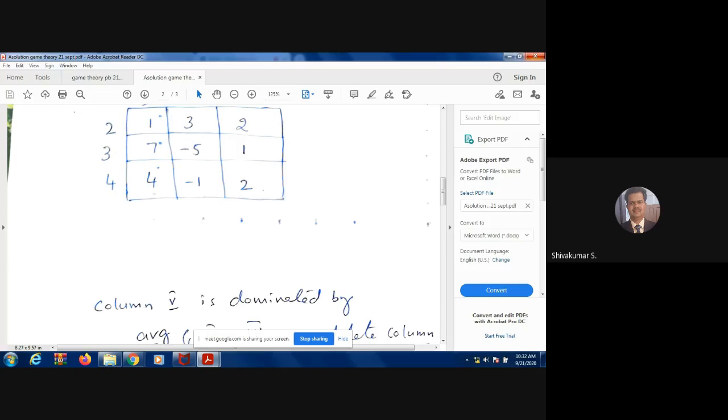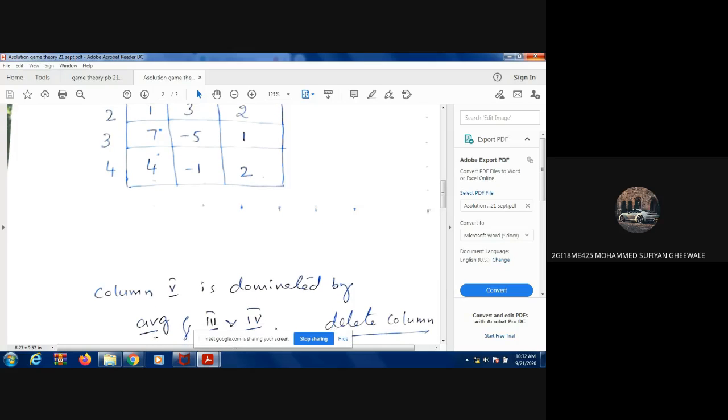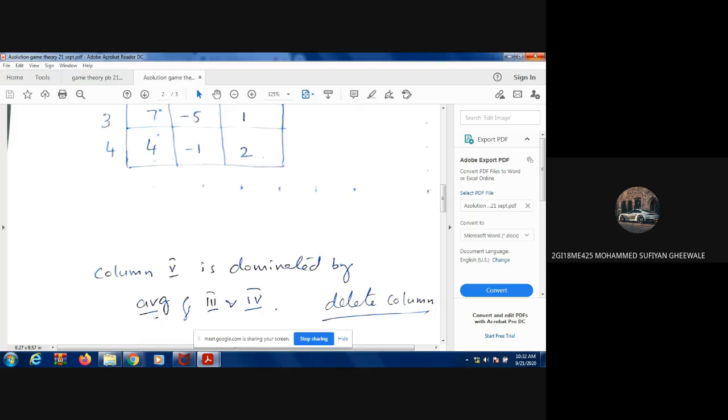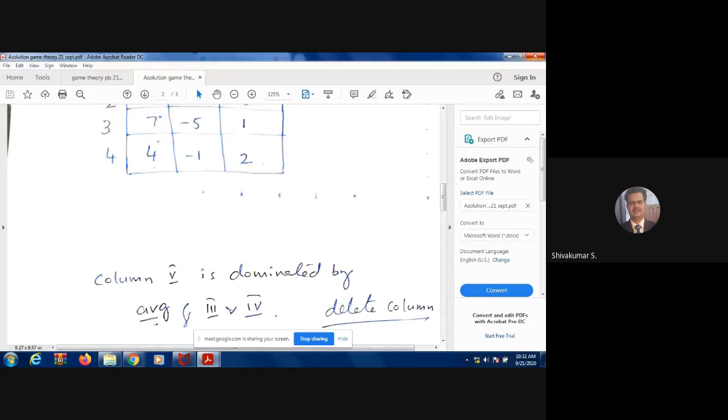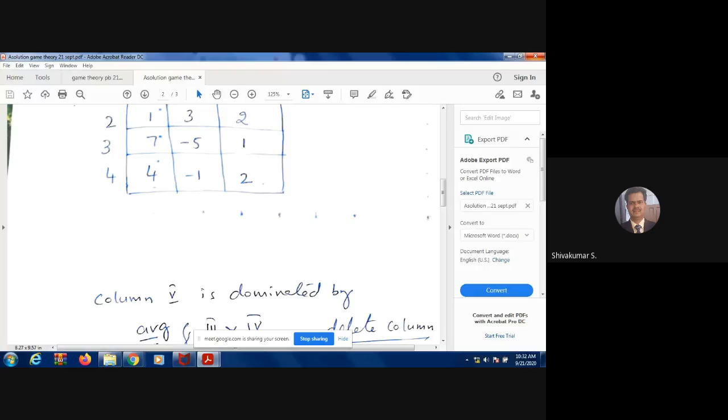The average of 3 and 4 is dominated by column number 5. So delete column 5. In the last row, 4 minus 1 is 3, 3 divided by 2 is 1.5, and 1.5 is less than 2. So the values of column 5 are more than the values of columns 3 and 4.